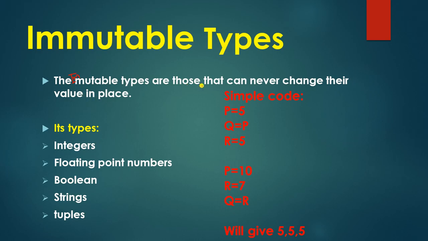Immutable types are those that can never change their value in place. Okay, it means the value cannot be changed.